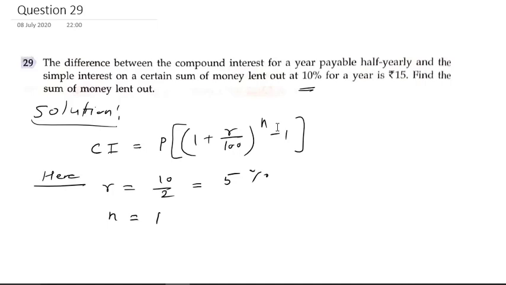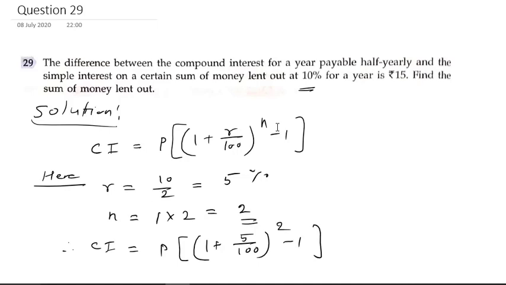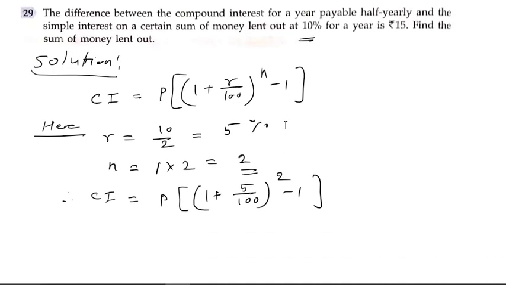So for 1 year the half yearly period will become 2. So n will become 2. Therefore your compound interest will become P into (1 plus 5 upon 100) the whole power 2 minus 1. And for simple interest we charge interest for 1 year at 10%. So simple interest will be P into rate of interest, 15, into period, 1 year, divided by 100.